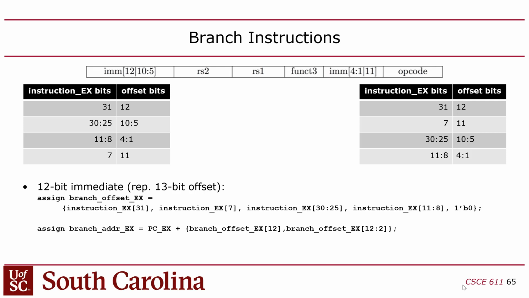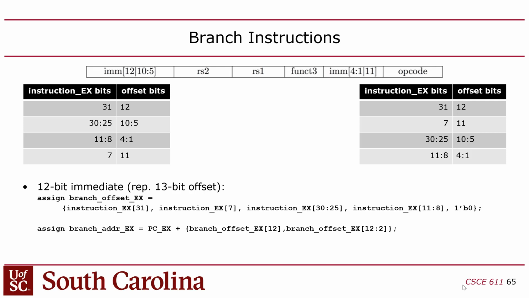So RARS is going to assume, like when you say foo colon in RARS and it calculates the branch offset, it's going to calculate that as a byte address, right, and encode it that way. So then your hardware has to decode it the way that RARS encoded it, but then you can make internal corrections to compensate for the fact that you have a word addressed instruction memory, right? So that's what's happening here. I know it's kind of convoluted, but that's why we just gave you the code. Hopefully that'll make it a little easier.